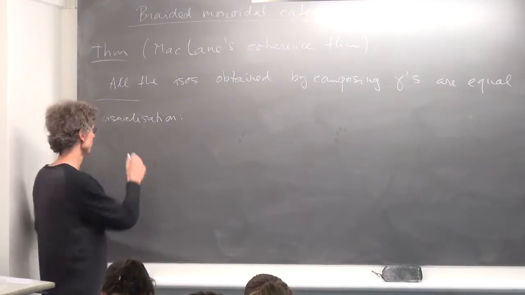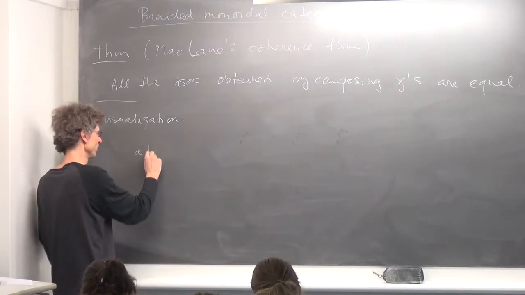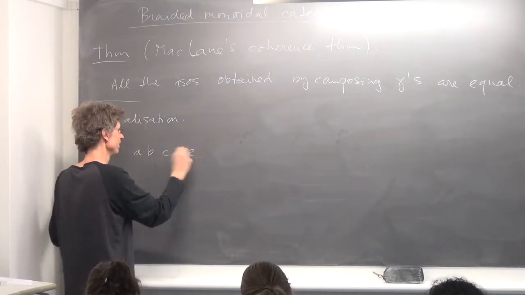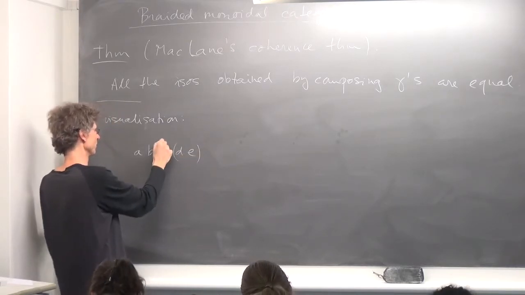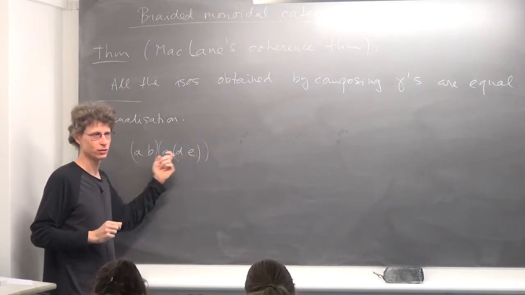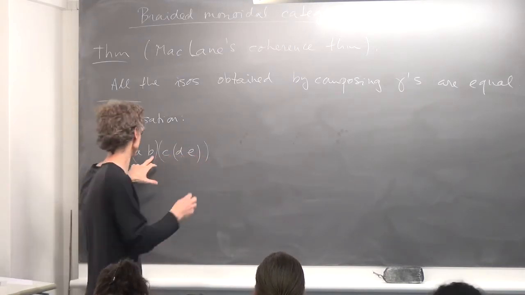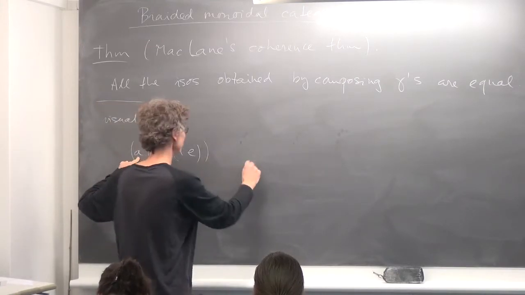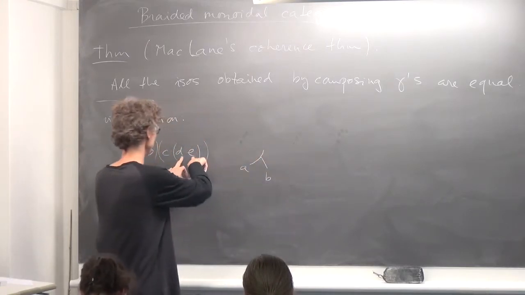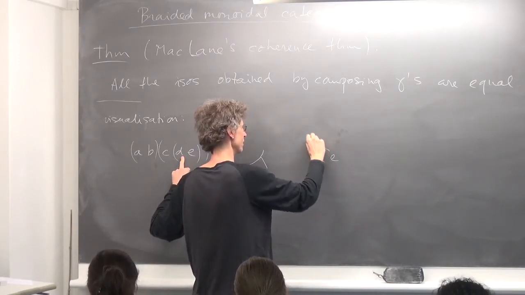So first of all, I want to have some visualization of those parenthesizations. So if you have, say, 5 letters, A, B, C, D, E, let's do some parenthesization like this. One way to visualize it is with a planar binary tree. Here we have A joined with B. From this side there is D and E. They are joined.